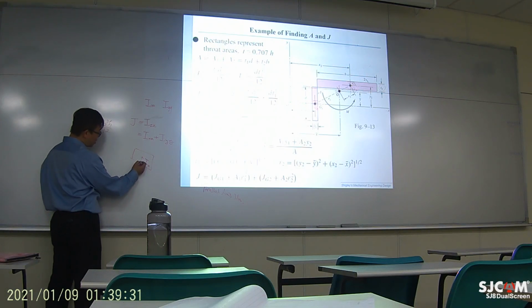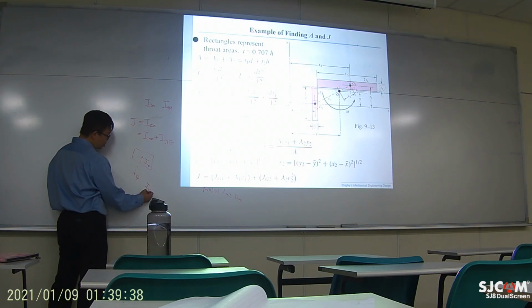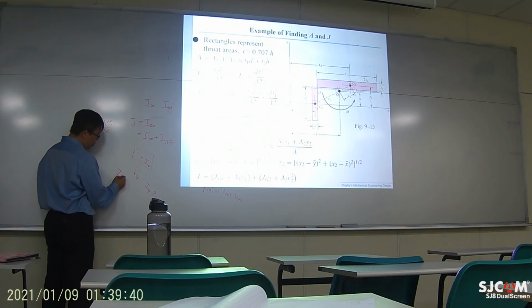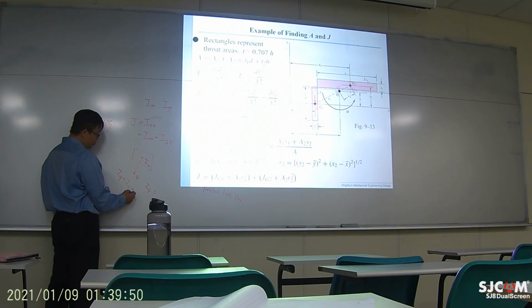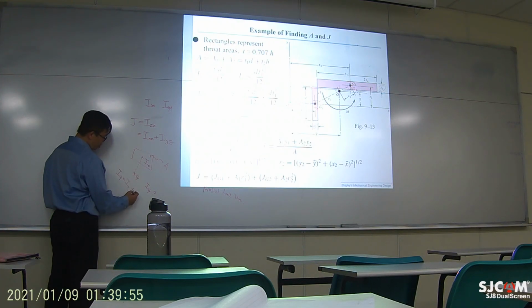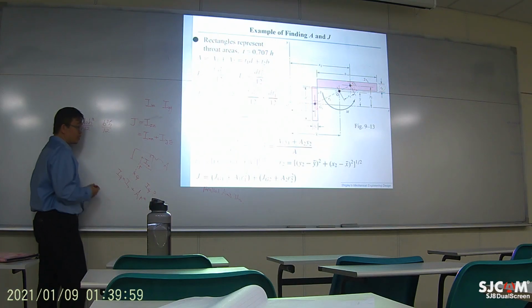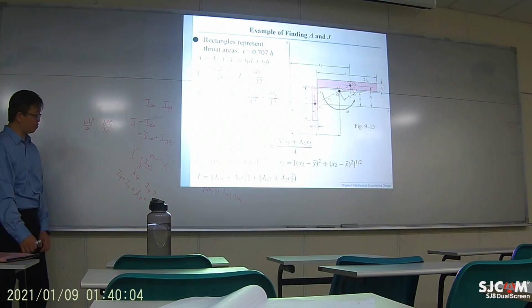But if you have a different center, let's say point G, so what would be I_G? I_G would equal the moment of inertia about its own geometrical center plus the area of this shape times the square of its radius. So that's the parallel axis theorem.